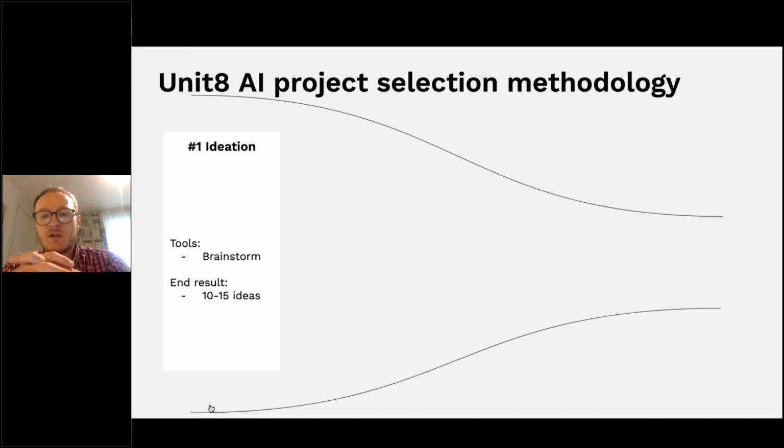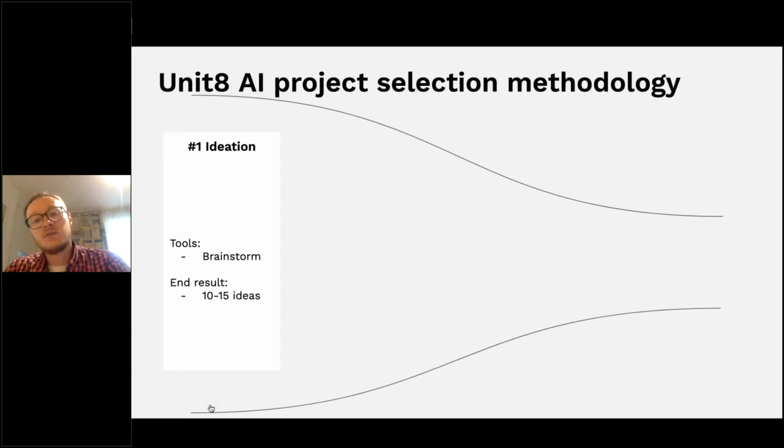You do know what the current pain points are, right? So think and brainstorm about what solutions can actually help you deliver more value or solve the business problems. And some basic tools and techniques that we're using here are just the famous brainstorming exercises. Usually we get anywhere between 10, maybe even 20 different ideas for AI projects.